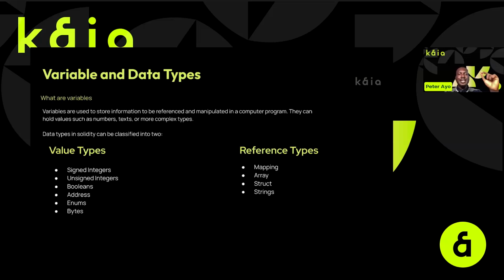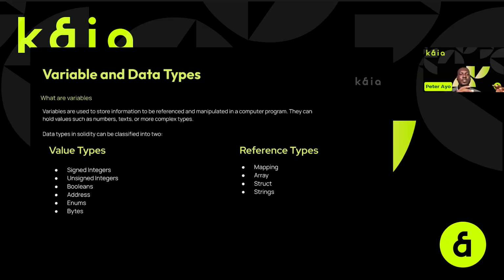So balance can be referenced in the get balance function when you're trying to get the balance, or can be manipulated, mutated, updated, or changed in another function called deposit, which can basically write to the balance state variable in this case.